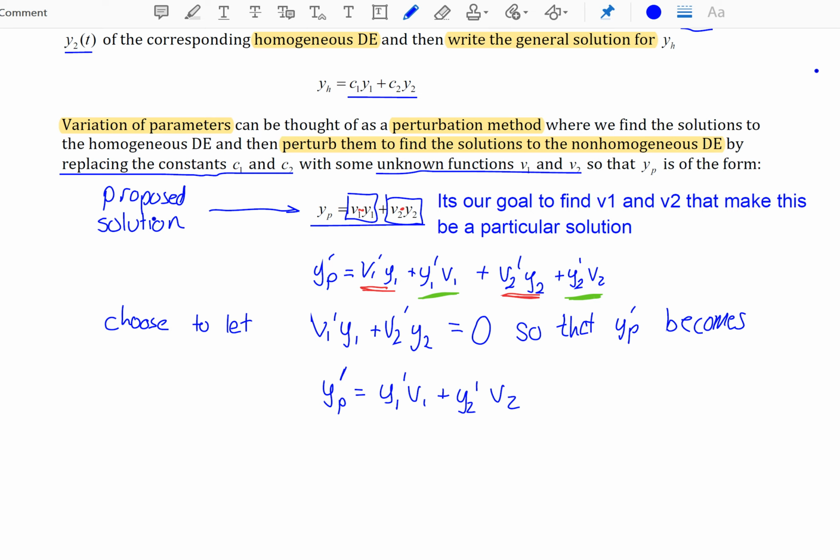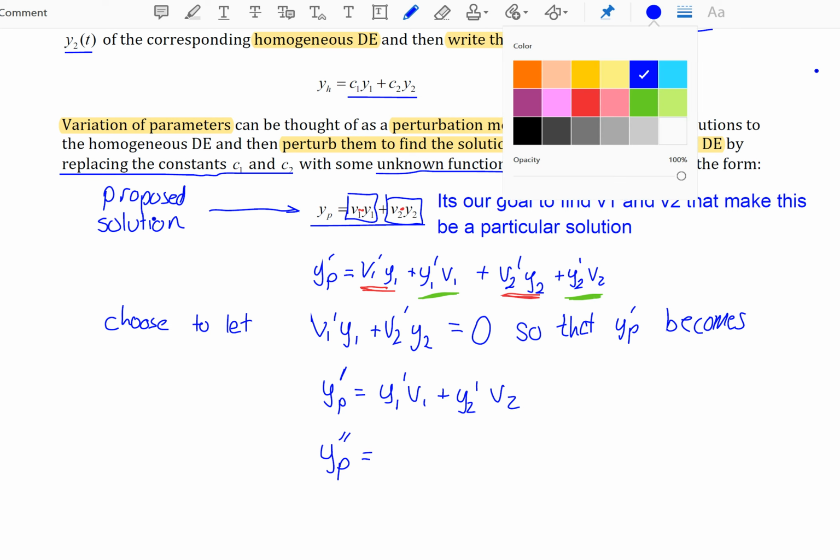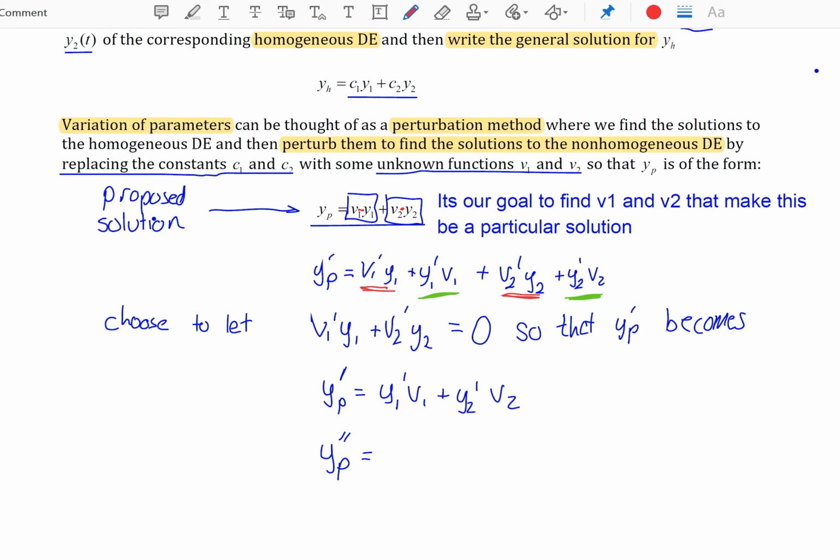And if that's yp prime, let's now go find yp double prime. Again, we have to use the product rule when finding our derivatives because y and v are both functions of t. So the derivative of the first term is going to be y1 double prime times v1 plus the derivative of the second is going to be v1 prime times the first y1 prime.